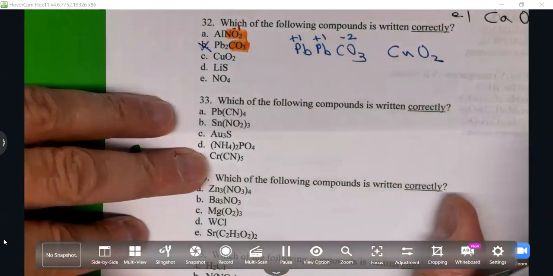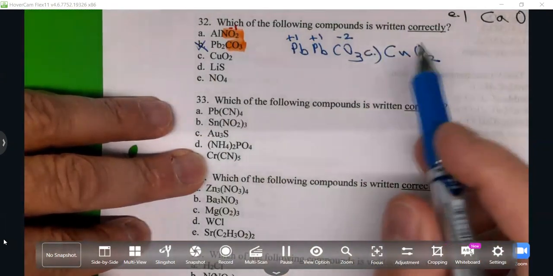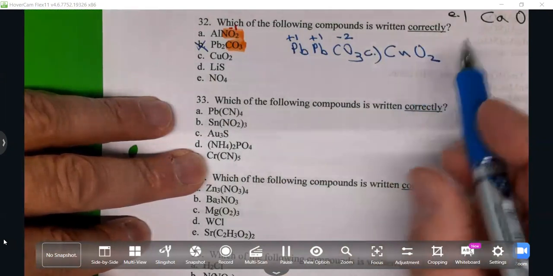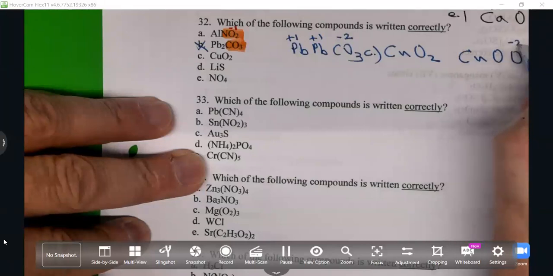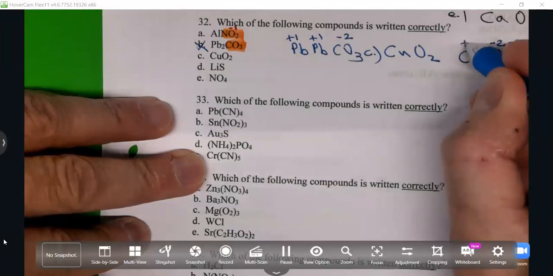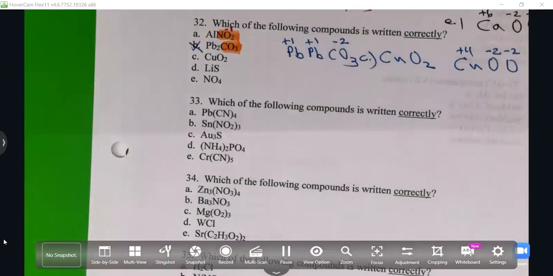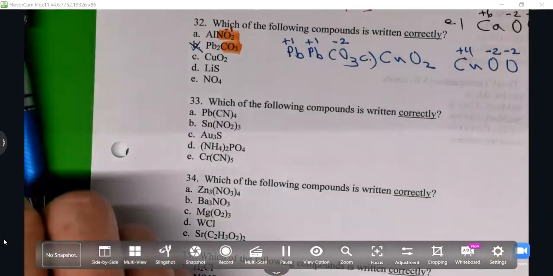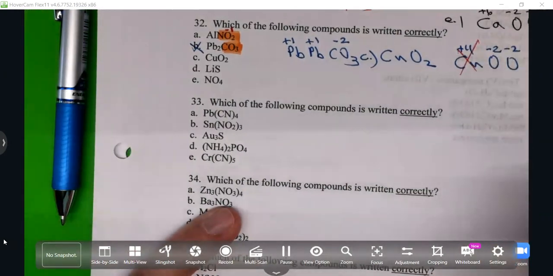CuO2 in letter C. What I would do is I would assume that's oxide. So you would have copper, O, O oxide, -2, -2, +4 on the copper. And there is no copper 4. So that doesn't work.